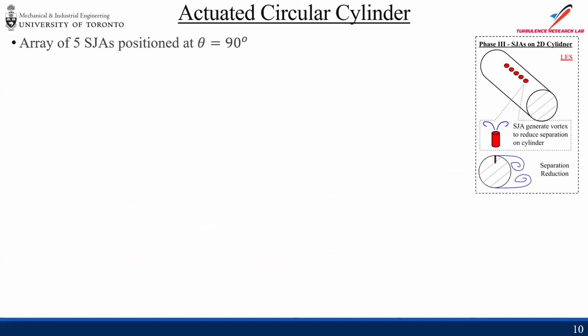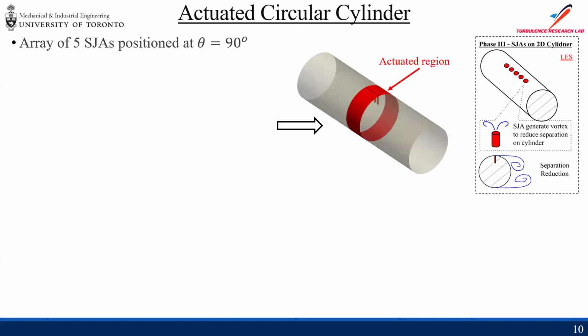Now, moving on to the actuated cylinder, I'm applying five circular SJAs at theta equals 90, so perpendicular to the free stream direction. Here's a view of the actuator zone. Force calculations are only done on the red region, but the gray zones are still simulated. I've gone with this approach because we recall the top-down smoke visualization my colleague did in the wind tunnel.